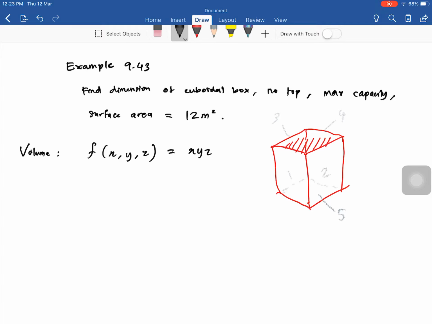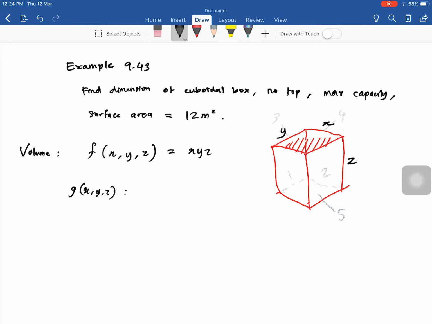Alright, so remember we have a constraint, which is the surface area is 12 meters square. So we can make the constraint equation. So g(x, y, z), the constraint, is the surface area. So we need to calculate all surfaces in the cuboidal box.